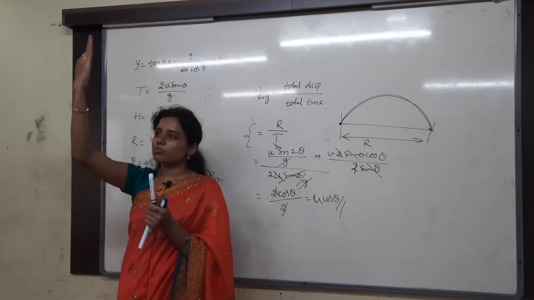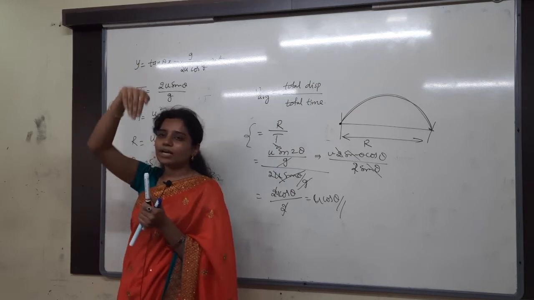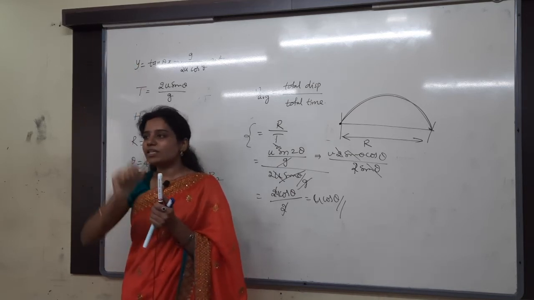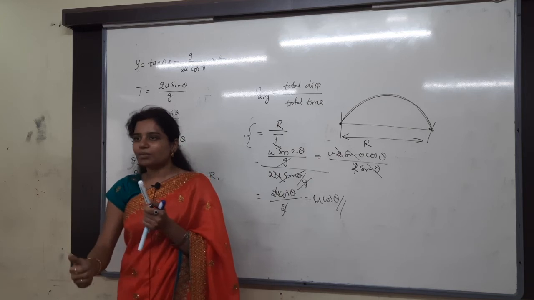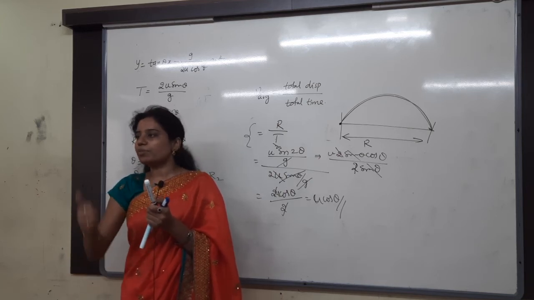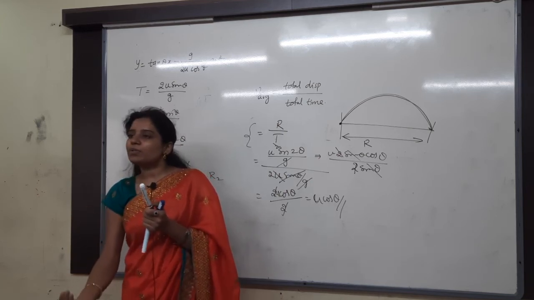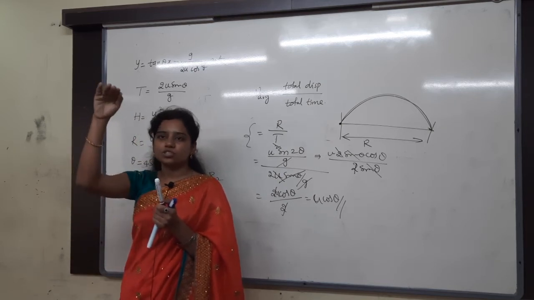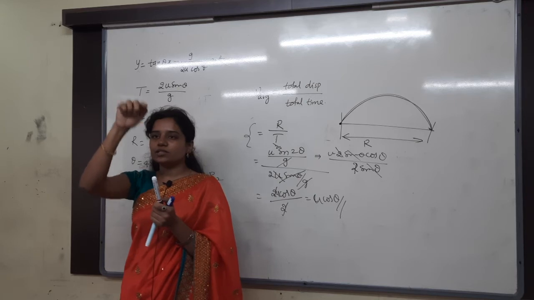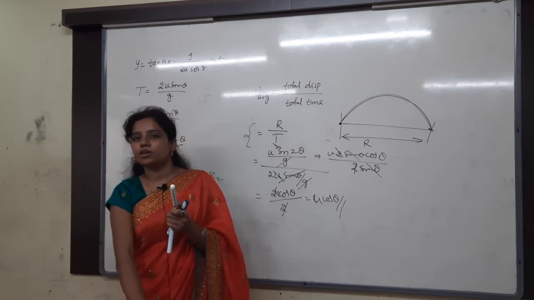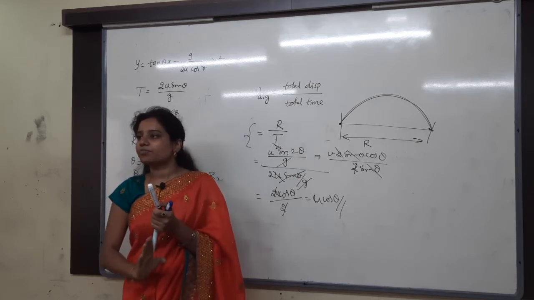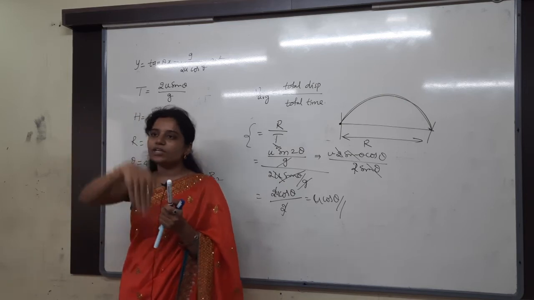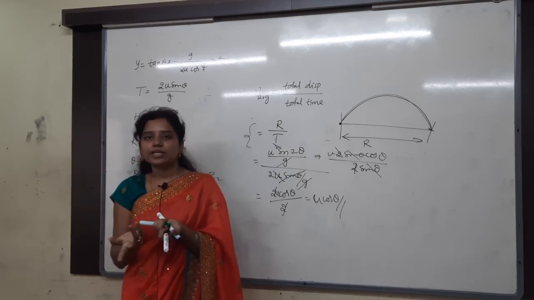While going upwards, however much it decreases, while coming downwards that much it increases. For example, I have thrown with a 5 meters per second velocity. It will go and keep on decreasing, finally becoming 0. While coming downward, it will again reach the ground with 5 meters per second only. Here decreasing, equally increasing.